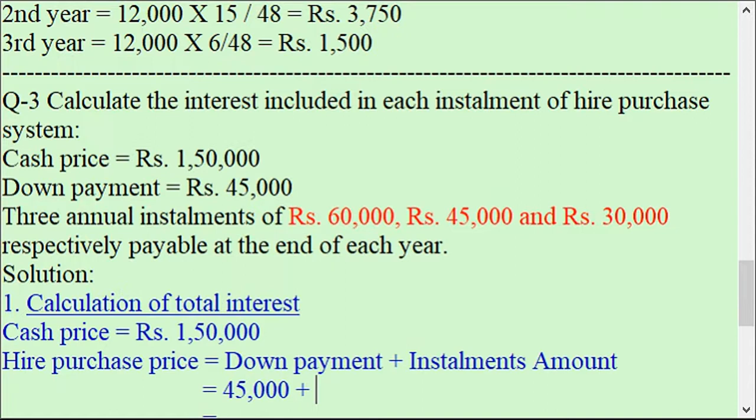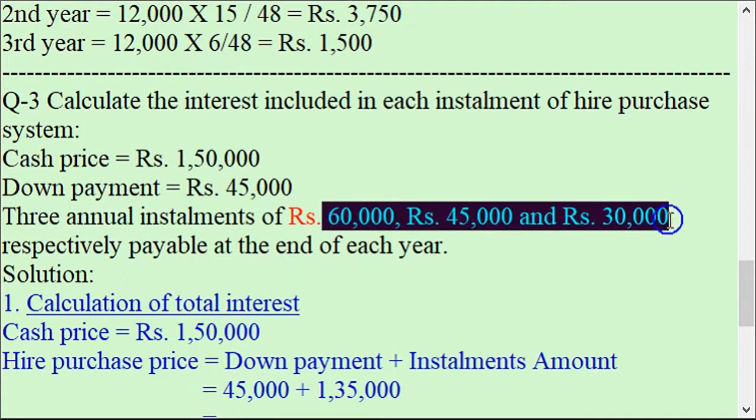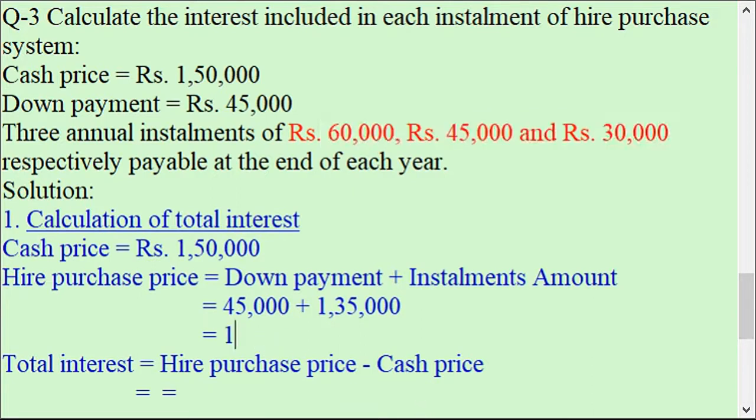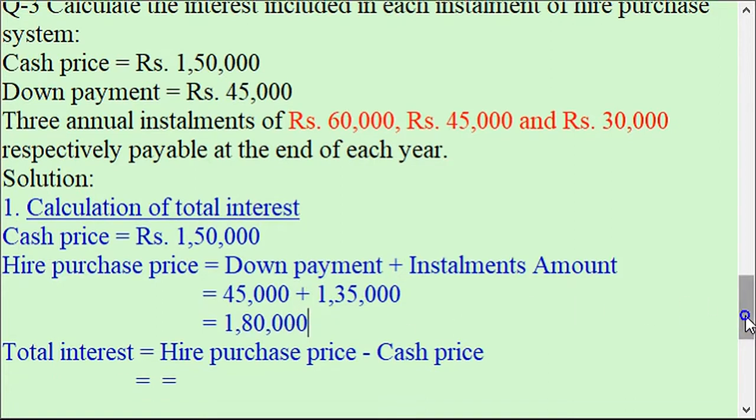So your total installment amount is 1,35,000. 60 plus 45 plus 30 is your total installments of all the 3 years. So 1,35,000 plus 45,000, 1,80,000 is the price that you are going to pay if you are purchasing the asset through hire purchase system.